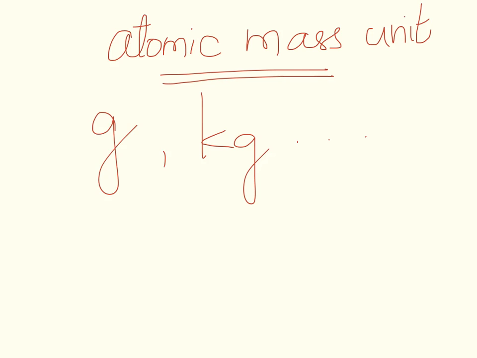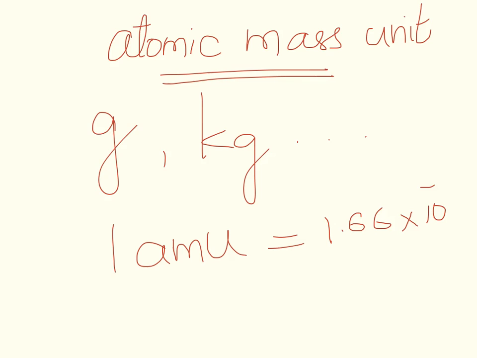It is so small that 1 AMU is equal to 1.66 times 10 raised to negative 24 grams. So this is such a small number. It's in the order of 10 raised to negative 24 grams.